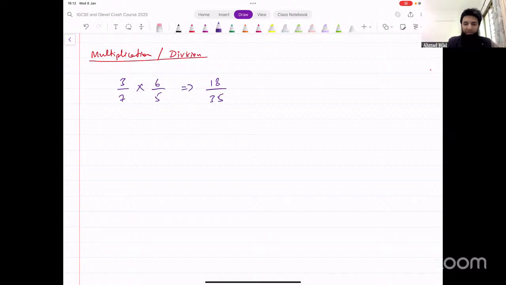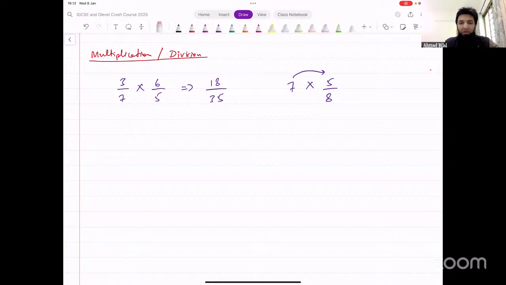Okay, fairly straightforward. Now, sometimes what happens is you have an integer. So for example, you could have 7 multiplied by 5 over 8. Now you're multiplying an integer with a fraction. How do you do this multiplication? 7 is only going to be multiplied with the numerator. It's not going to be multiplied with the denominator.